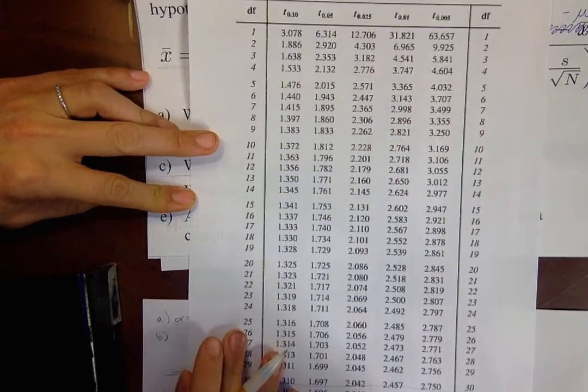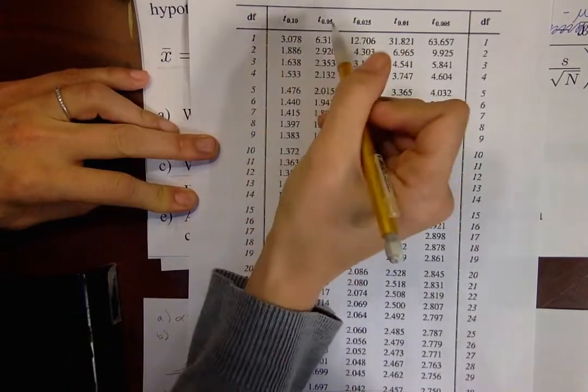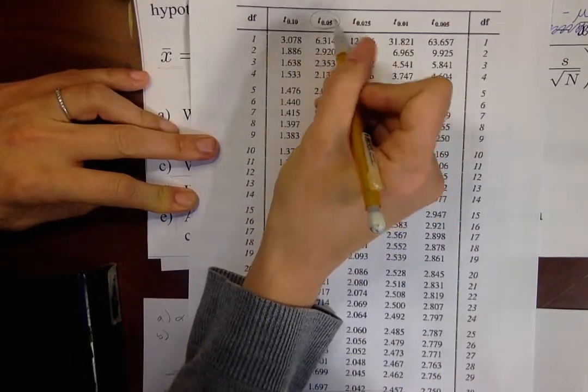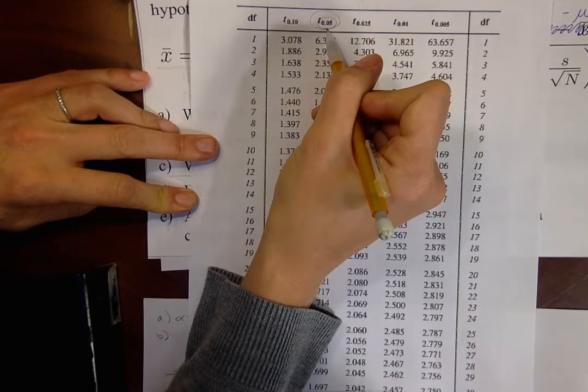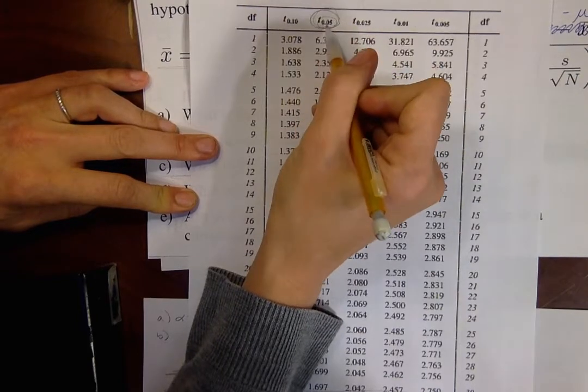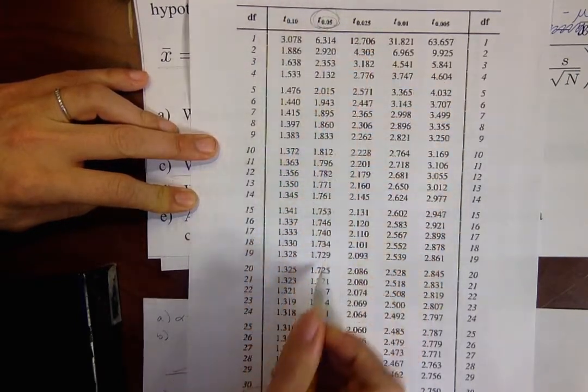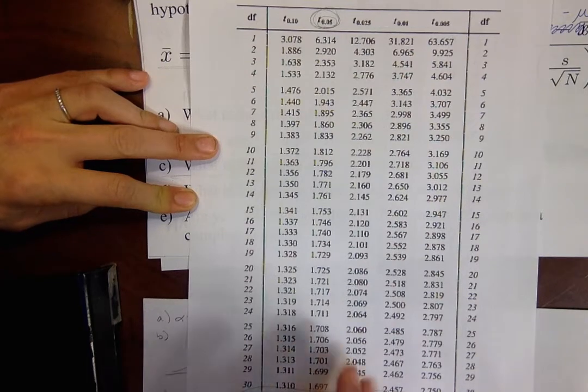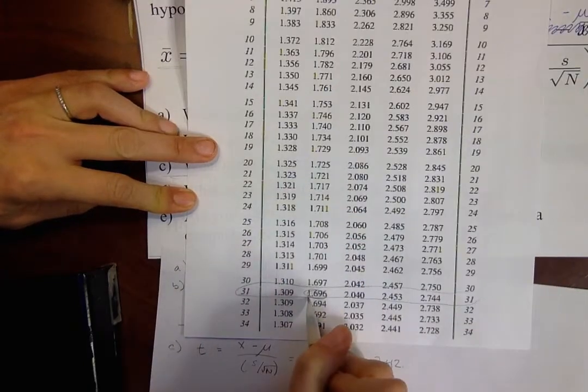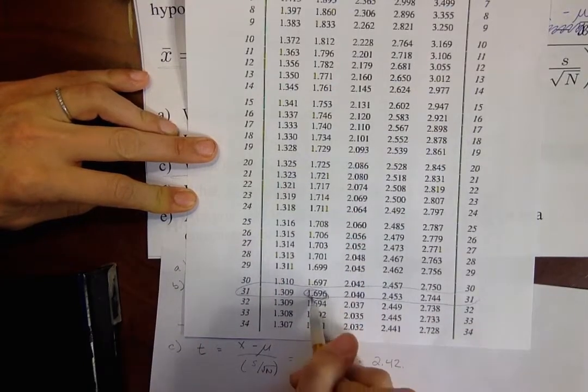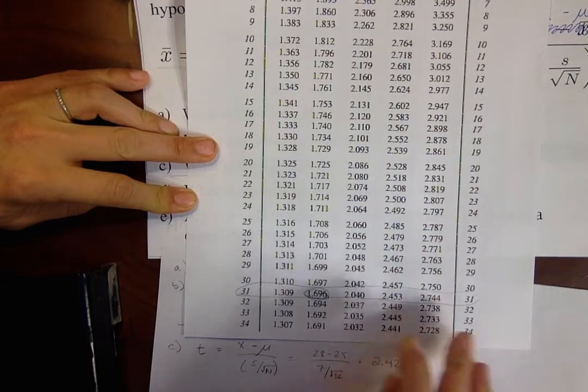And if I follow this up to the top, I am looking for the t-score that corresponds to 5% of the area under the curve. So I'm going to look for the t of 0.05 and follow that all the way down to here. So my critical t is 1.696.